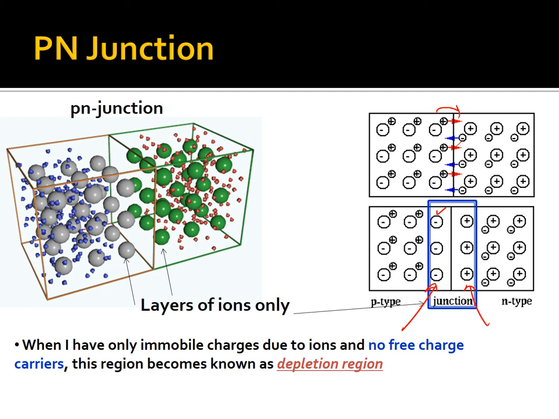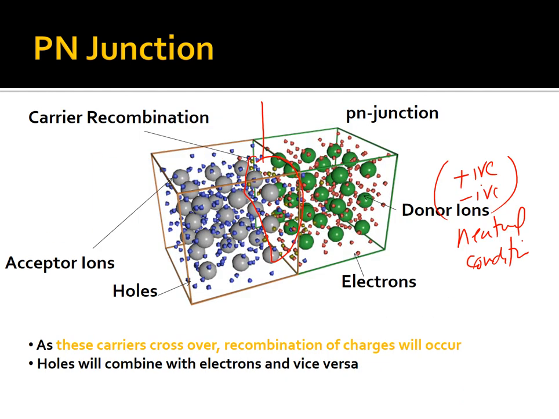In this region there is basically no free charge carrier. For example, the charge carriers, the holes, were diffusing towards the n-type, and the electrons were diffusing towards the p-type. Those are the free charge carriers.